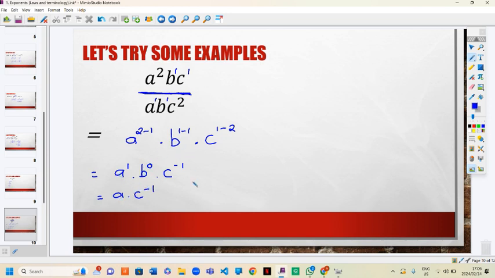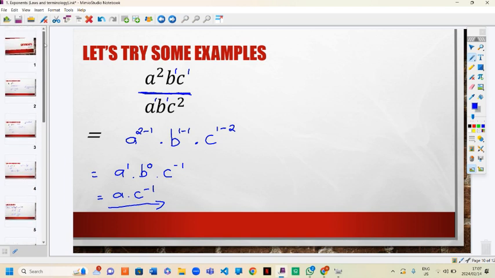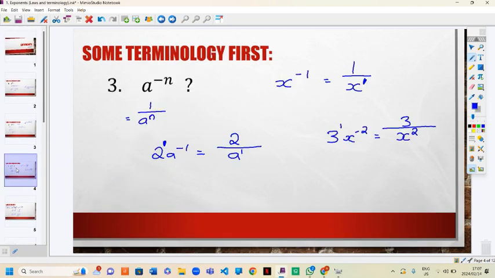Now if I told you, take this answer and I want you to put it in positive exponents. I want your answer in positive exponents. So here we've got a negative exponent. How will I make it positive? Let's go back to our terminology, our third one over here.